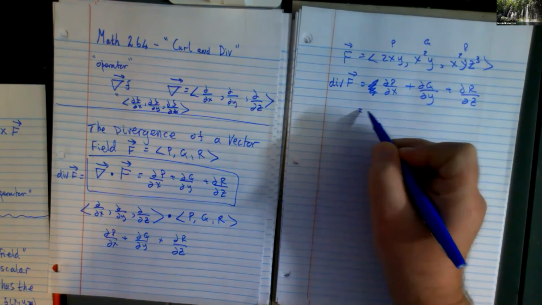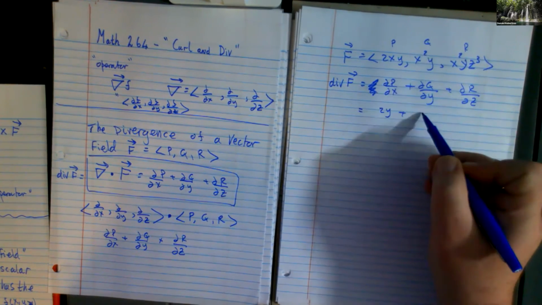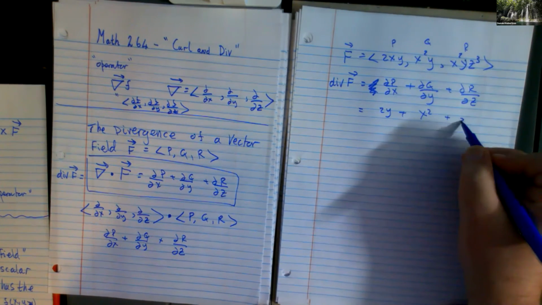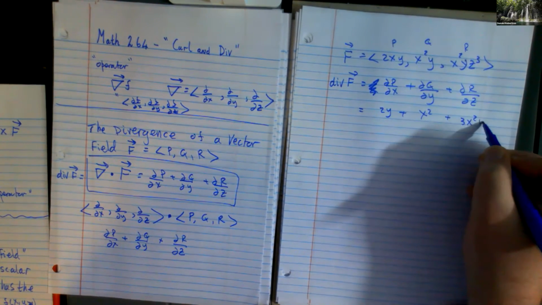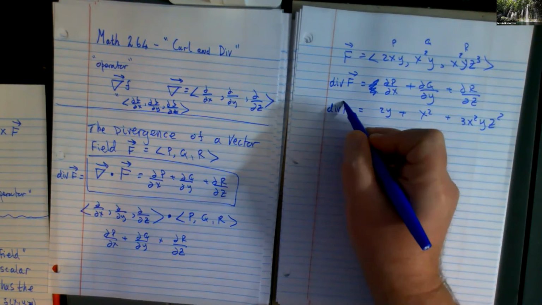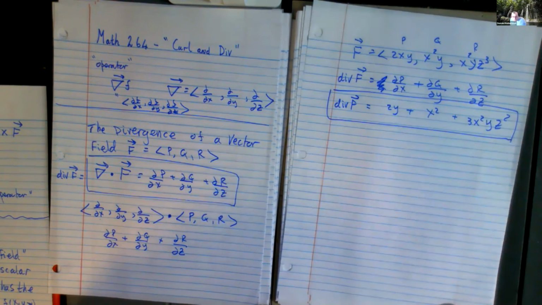So what would I get? I'd get a 2y out of that term, get an x squared out of that term, and I'd get a 3x squared y z squared out of that term. Would you agree it's not the hardest thing that we've ever done?